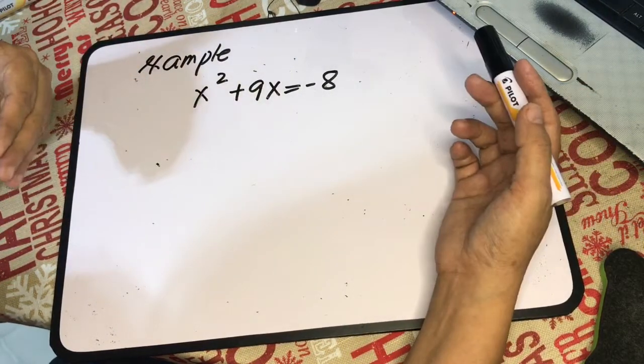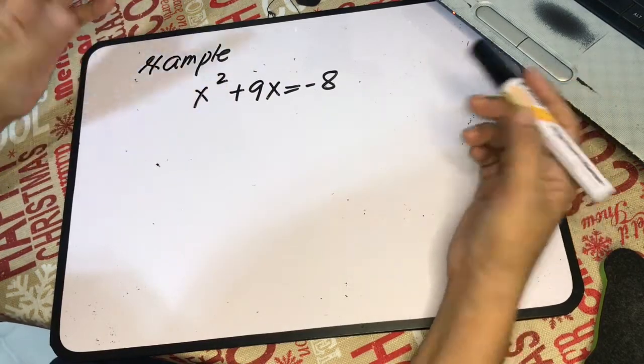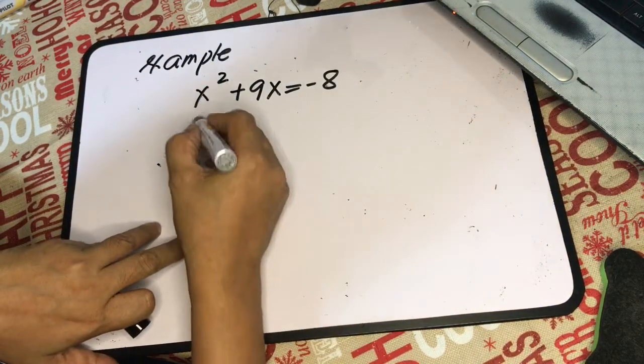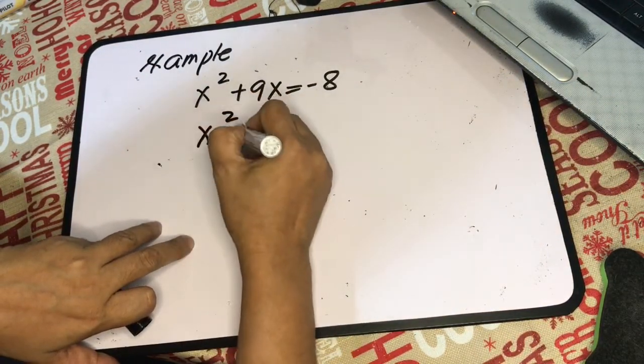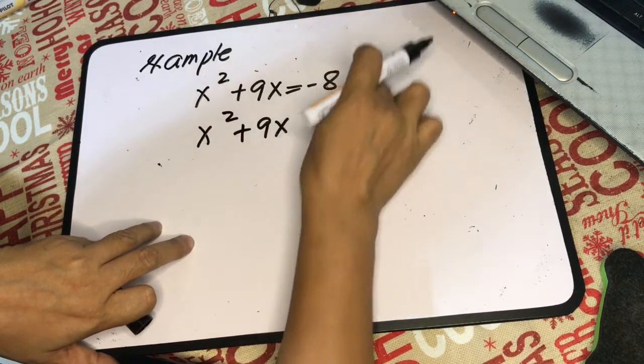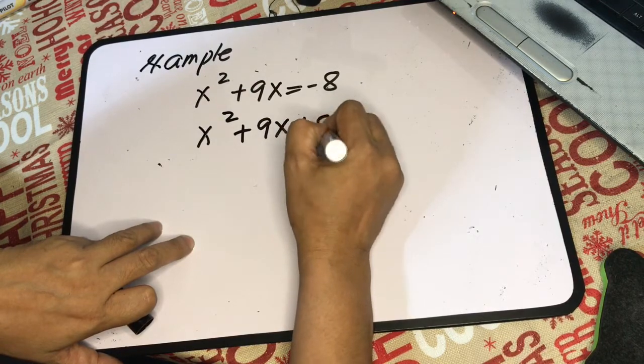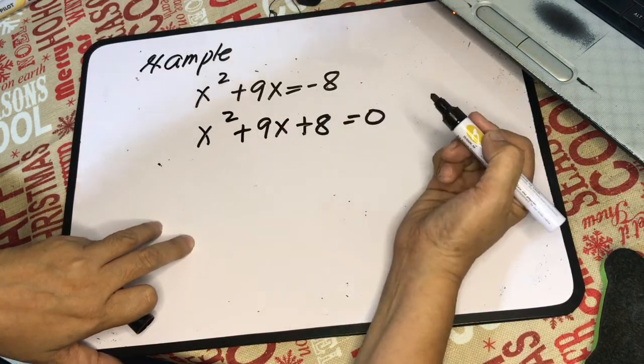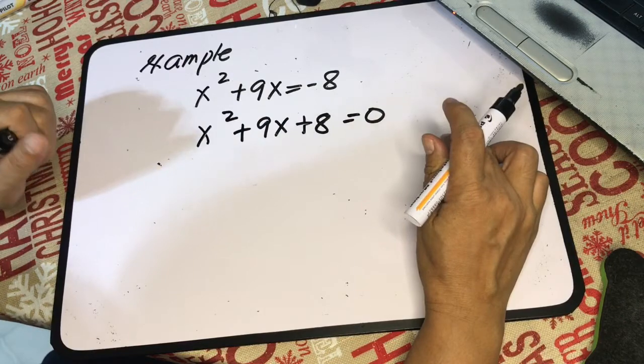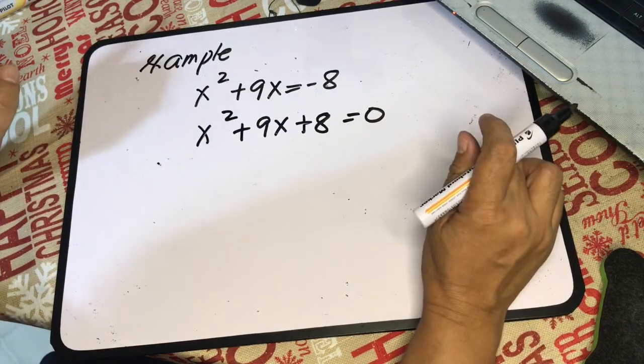So, ipresent muna natin ito in standard form. This is x squared plus 9x, and if you transpose this to the other side, this will become positive 8 is equal to 0. So, this is now in standard form. That is the first step.